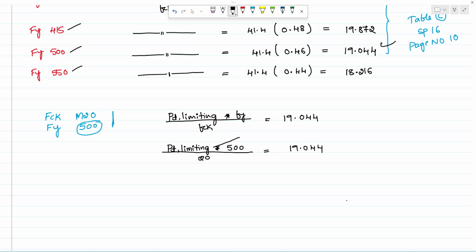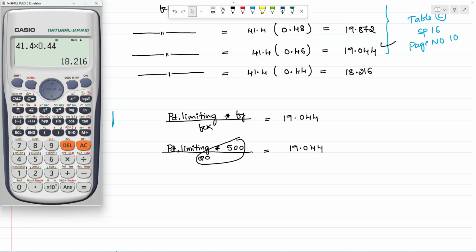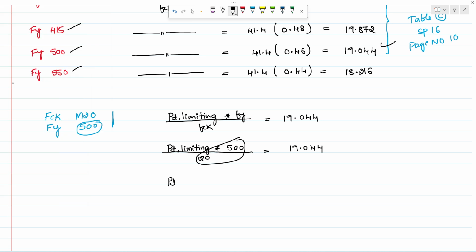So first solve this. 500 divided by 20, so it is 25. So percentage of limiting steel multiplied by 500 divided by 20, it is 25, equals 19.044.